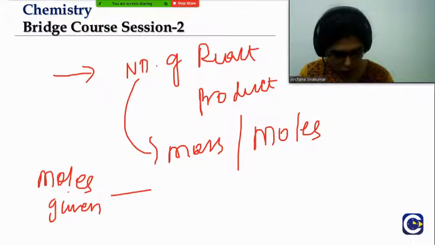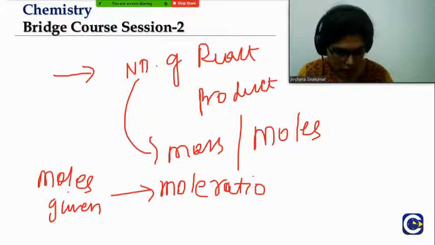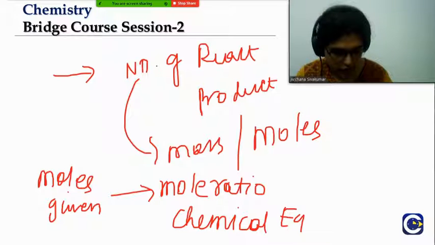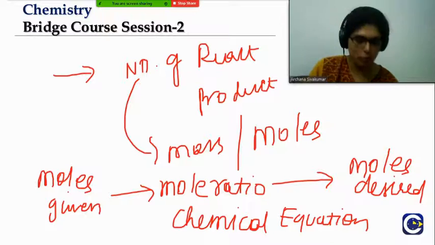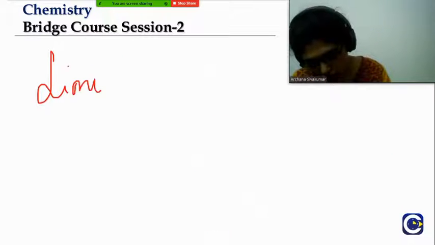We convert to mole ratio using the balanced chemical equation. Am I right? And then we convert it into moles of the desired substance. So this is how we find out, and then we can compare it to mass of products, and then we found out about limiting reagent.